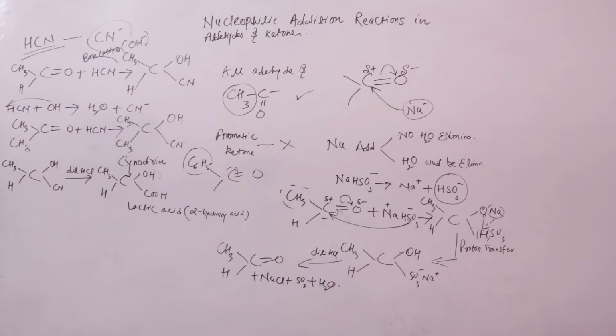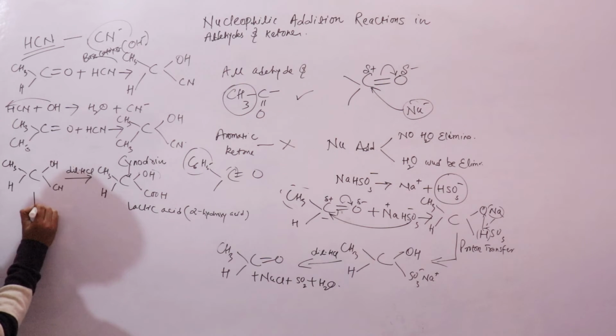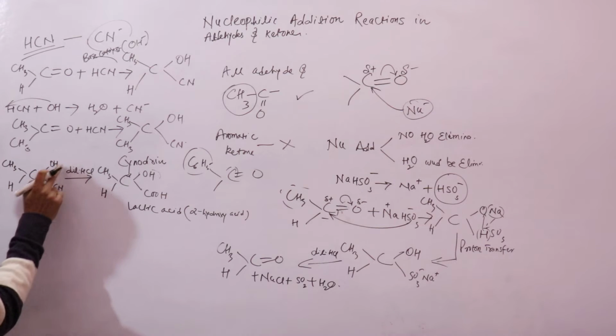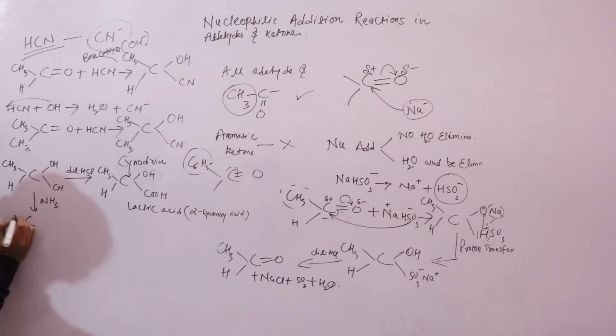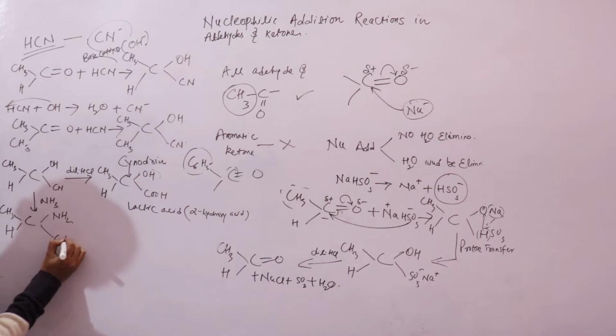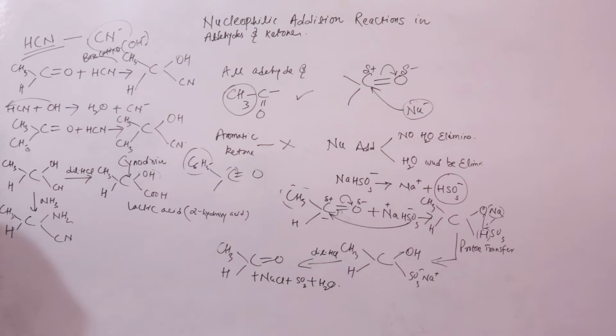Similarly, if you treat this cyanohydrin with ammonia, it will form amino acids. If you treat it with ammonia, one hydrogen atom will react with this OH, right, to form this compound.